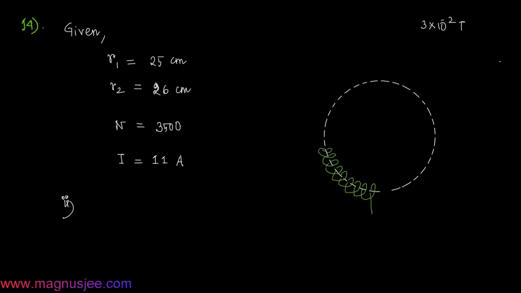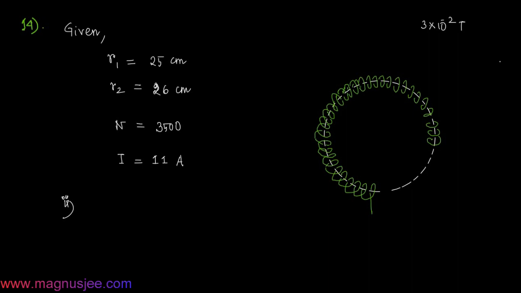A wire is wound in the shape of a helix, and that helical coil or cylindrical coil is bent in the shape of a circle. So in this way, a toroid is designed.